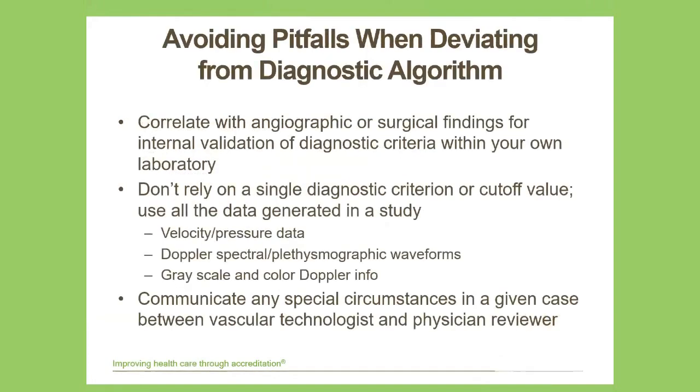So given this, how do we avoid pitfalls when deviating from the diagnostic algorithm? First, we need to accomplish internal validation of diagnostic criteria used in our laboratory. And we do that by correlating data acquired from our own testing with angiographic or surgical findings in a subset of patients.